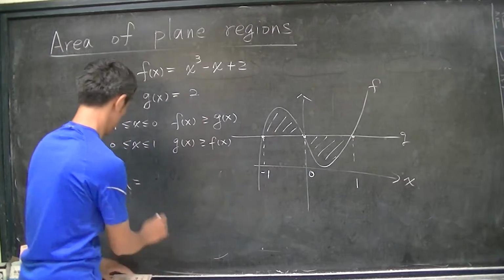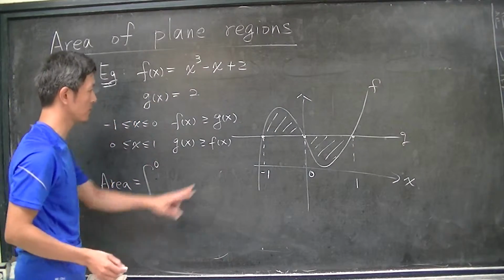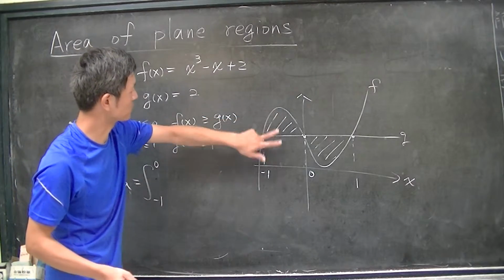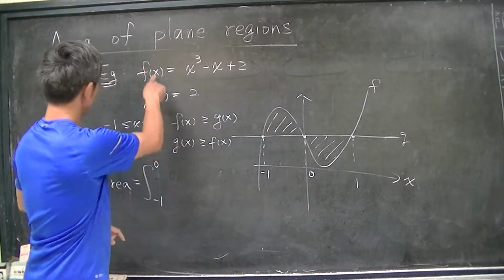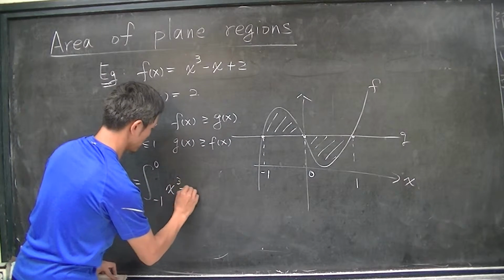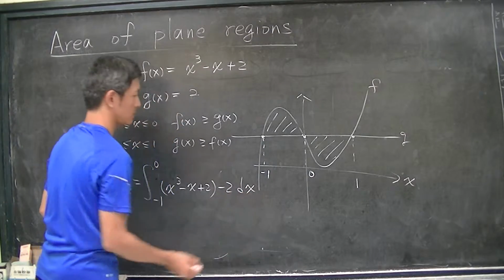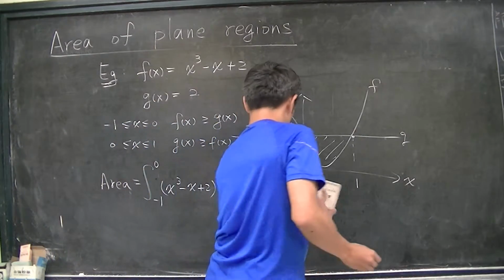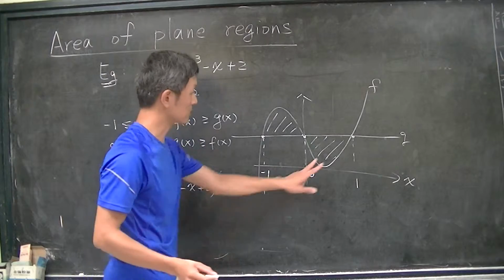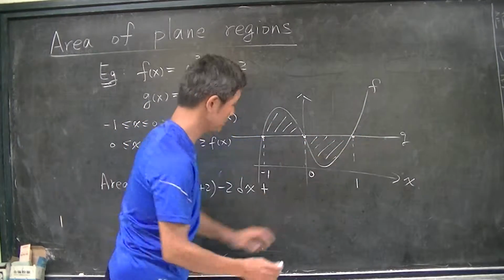For the first part, we integrate from -1 to 0, and we subtract the bottom from the top. So it's f minus g, or x cubed minus x plus 2 minus 2. For the second part, we need to subtract f from g.